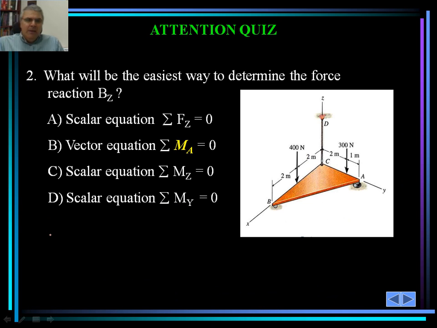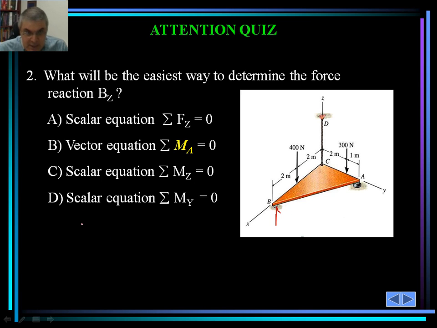What will be the easiest way to determine the force reactions? B sub z, as I just mentioned, is the reaction to find. You could take the scalar equation, the summation of forces about z, or the vector equation, the summation of moment about A, set to 0.